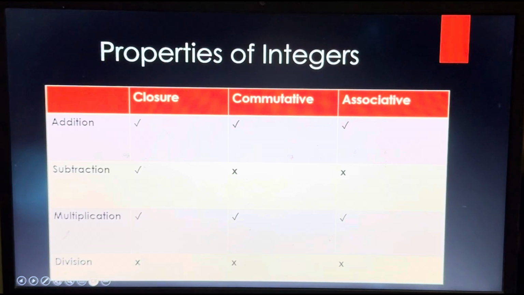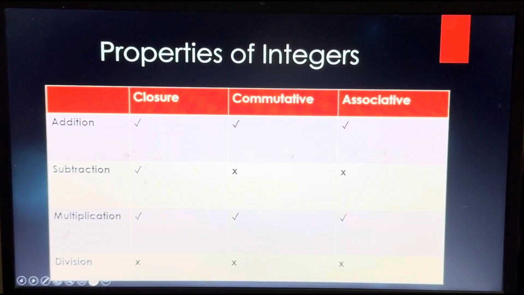And the naughtiest child in the class is division, which does not follow any properties. Right? This is just a way to remember all the properties. Now I'll just recap what these properties are. So what is closure property? Closure property is when you add any two integers, the answer which you get is also an integer.